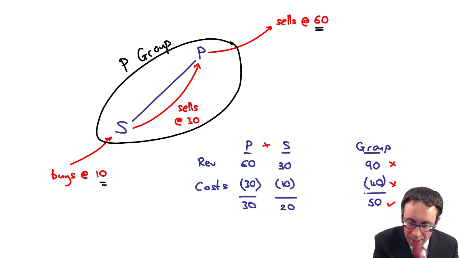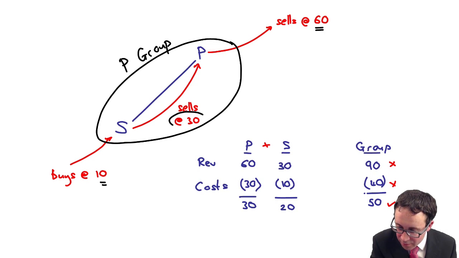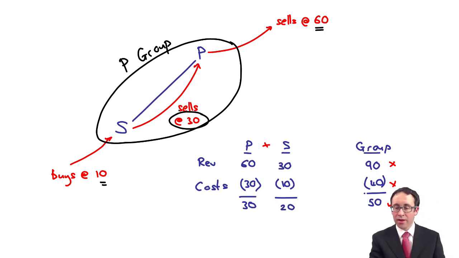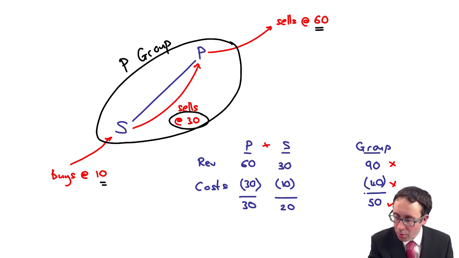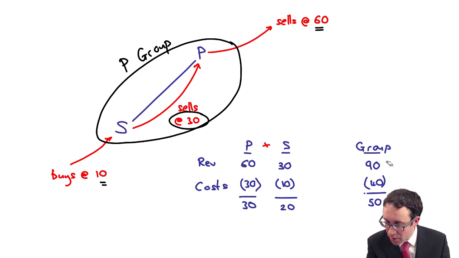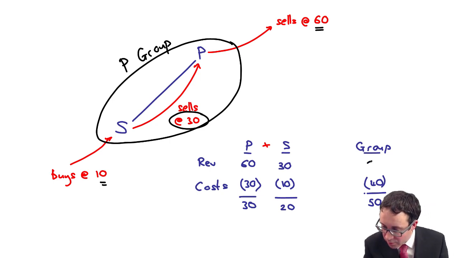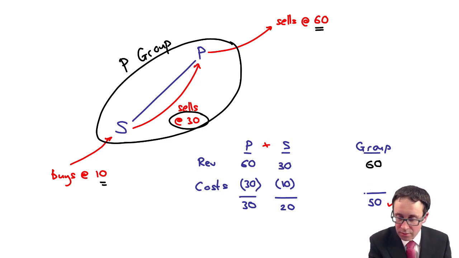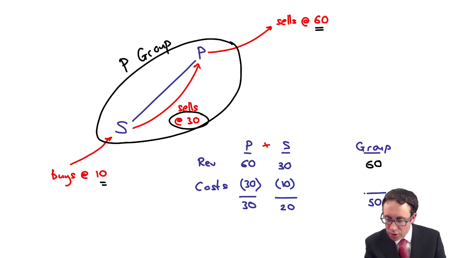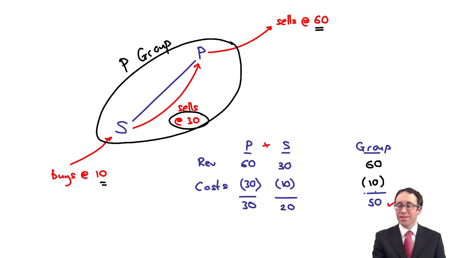Well, the differences that we have are there, aren't they? Really, what we want is not revenue of 90, we want revenue of 60. We don't want costs of 40, we want the costs to be 10.